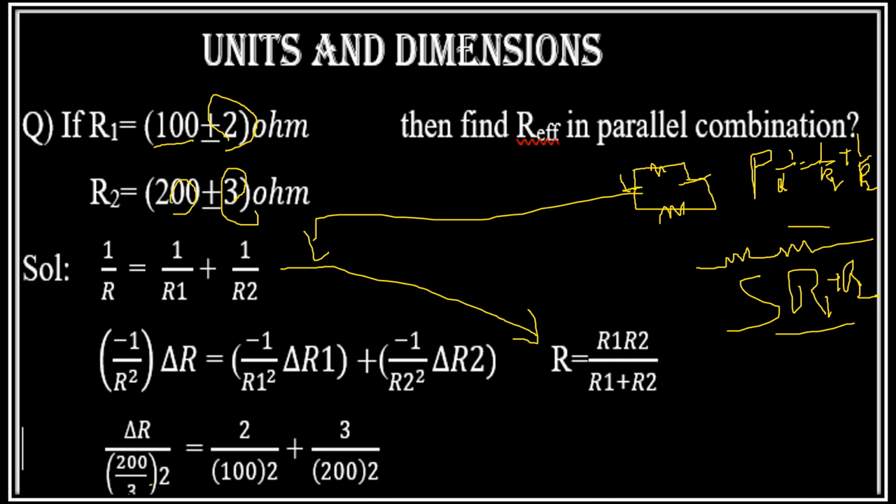We solve this for the effective resistance by using R1 R2 by R1 plus R2. We should use only these two terms. 20,000 by 300, you will get 200 by 3. Finally, if you solve this, you will find the error in R effective. This is the solution for this.